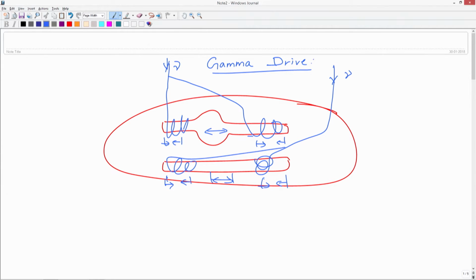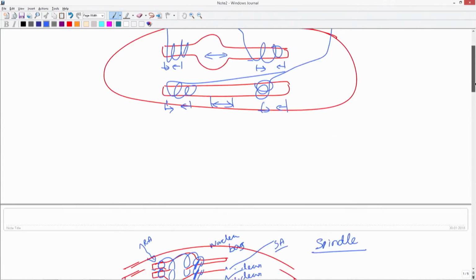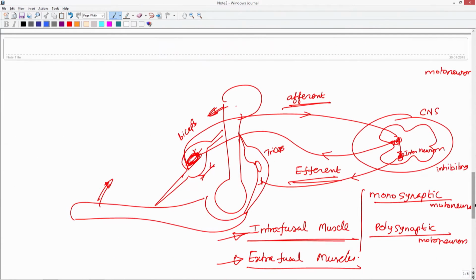So, what happens is, let me go back to the initial one. Let us take this picture. When there is a length change, immediately the muscle spindles are going to start firing and immediately the motor neurons are going to ask the muscle to relax or whatever it is.